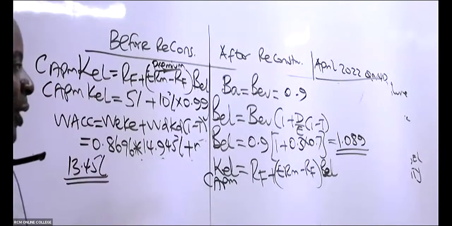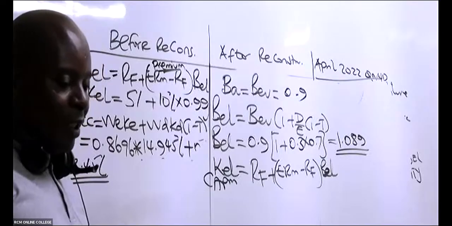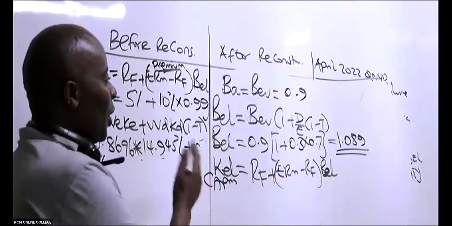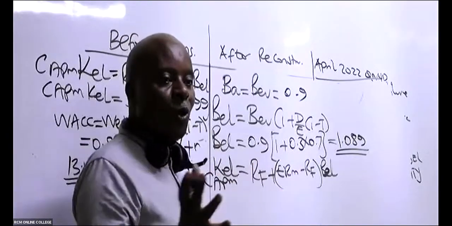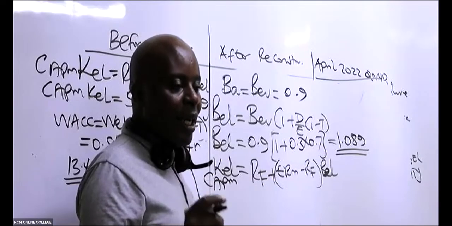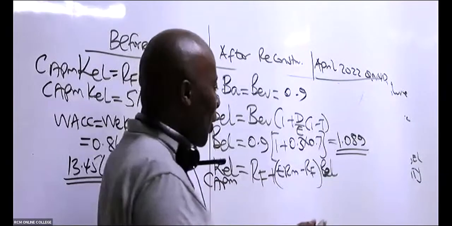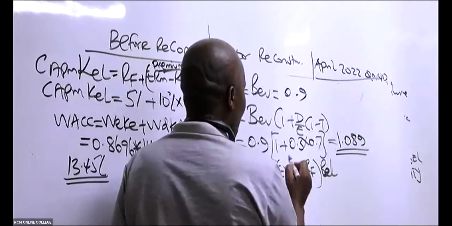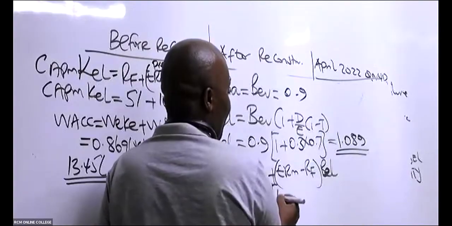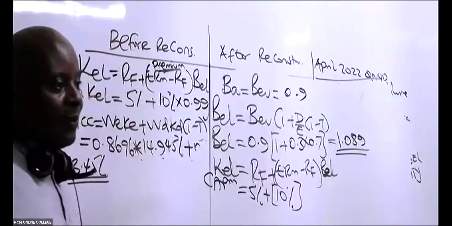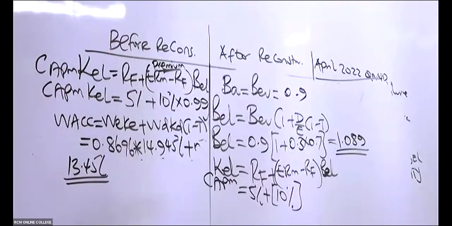You guys have got everything, right? You have everything that you need to get these numbers. So is risk-free going to change if we are going to do reconstruction? No. The only thing changing here is debt to equity. So risk-free remains at 5% plus, in brackets, fortunately this examiner has given us the premium, meaning he has subtracted for us.